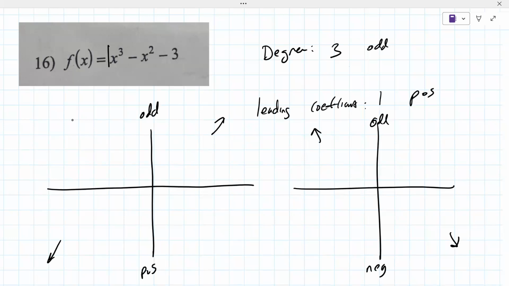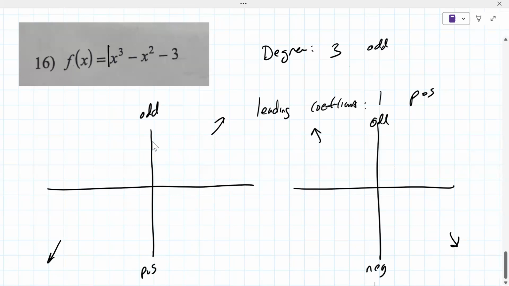Is it the one on the left or the one on the right? Use your information. Yours is degree 3, which is odd. Yours is a positive leading coefficient. The first one. It's the one on the left here.